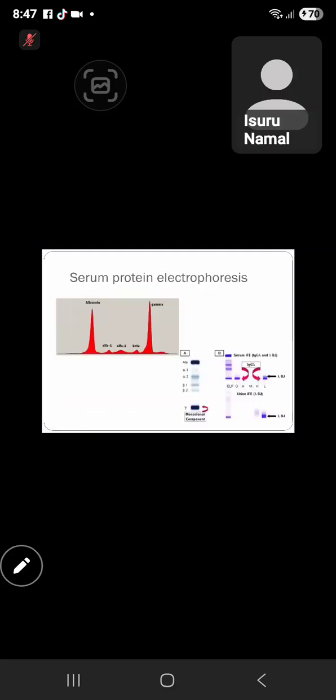Okay, then serum protein electrophoresis pattern, as I told previously, you will see a low albumin peak and a gamma globulin band here. This is the typical protein electrophoresis pattern in the case of multiple myeloma, right? And these are radiological findings in multiple myeloma.